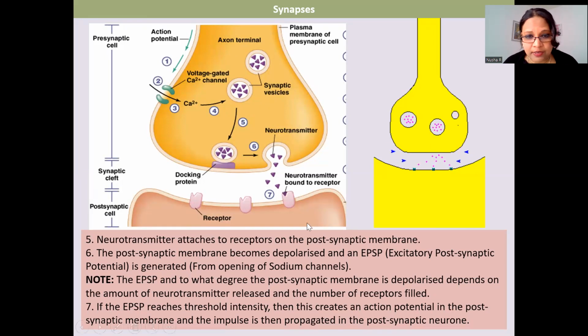So that's what a depolarization is. So the postsynaptic membrane becomes depolarized and an EPSP is generated. EPSP basically means excitatory postsynaptic potential.